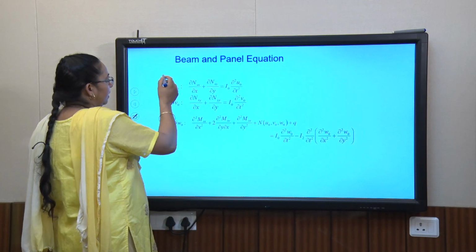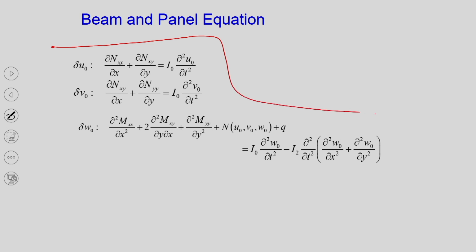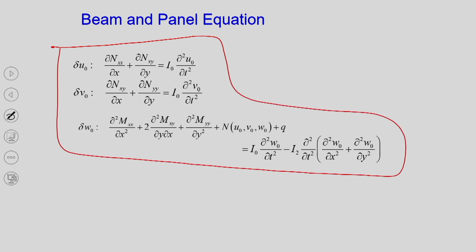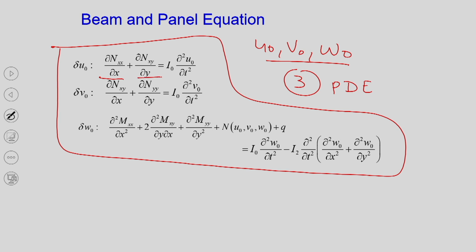So, next, here you see that we have 3 primary variables u0, v0 and w0. So, we get 3 partial differential equations, with derivatives along x and along y, partial differential equations in x and y.